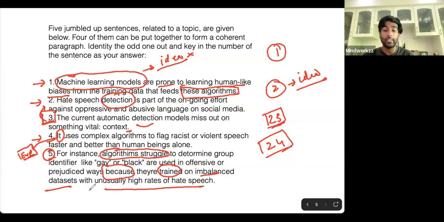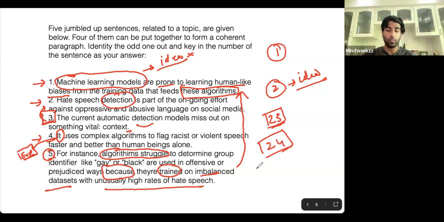Because they are trained on this, that leads them to learning human-like biases, okay, which ends up ruining their understanding of trying to find which word or which sentence in a particular context is used in an offensive way or is used in a normal explanatory way, right? So that is a problem which these machine learning models are facing.